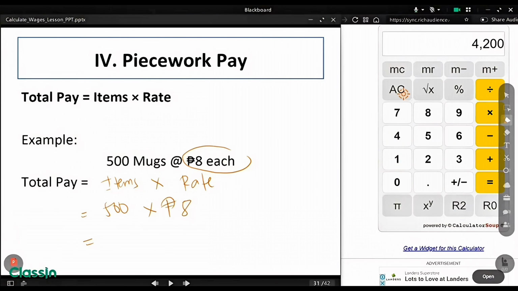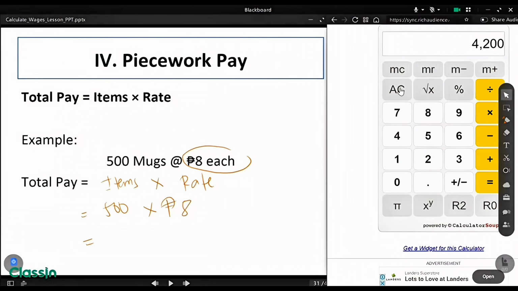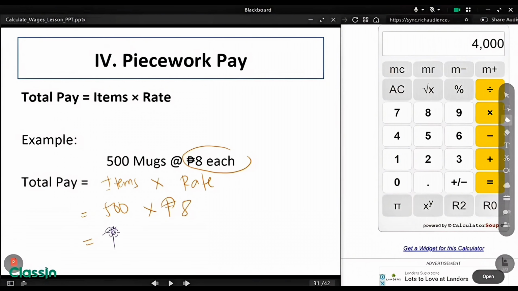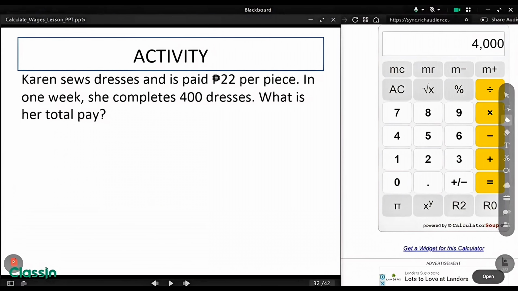Let's try to compute it. 500 times 8 is equal to 4,000 pesos. With that in mind, we can say that their total piecework pay under 500 mugs with 8 pesos rate will be 4,000 pesos.